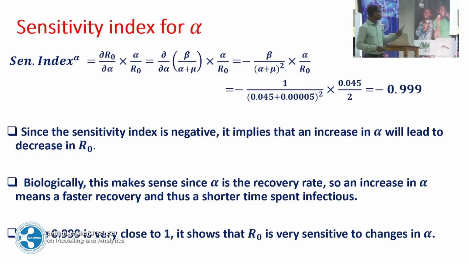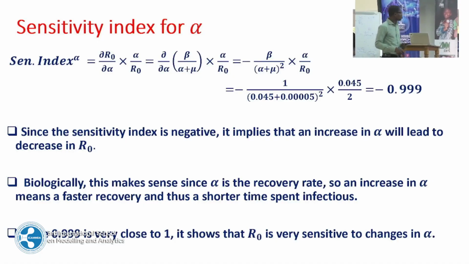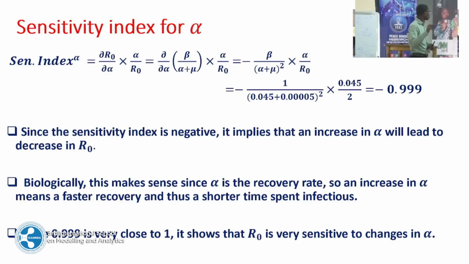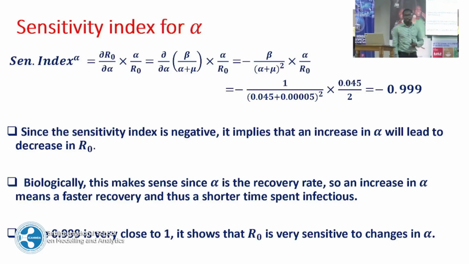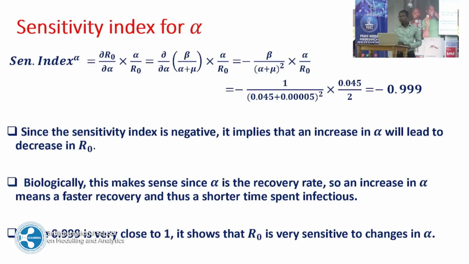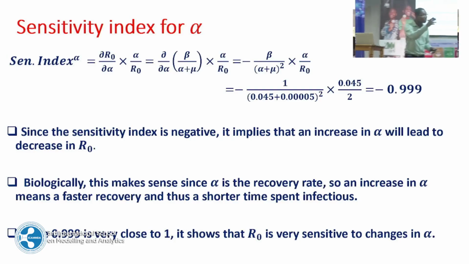So that's the result of the partial derivative times alpha over R naught. Remember, the baseline value for alpha is 0.045. And then we got that as our sensitivity index. Minus 0.